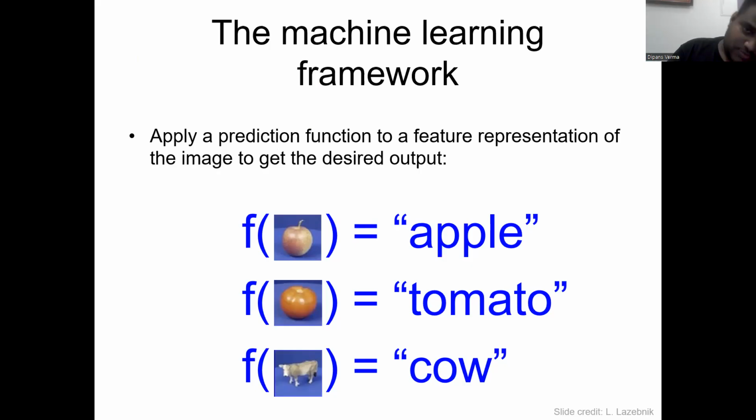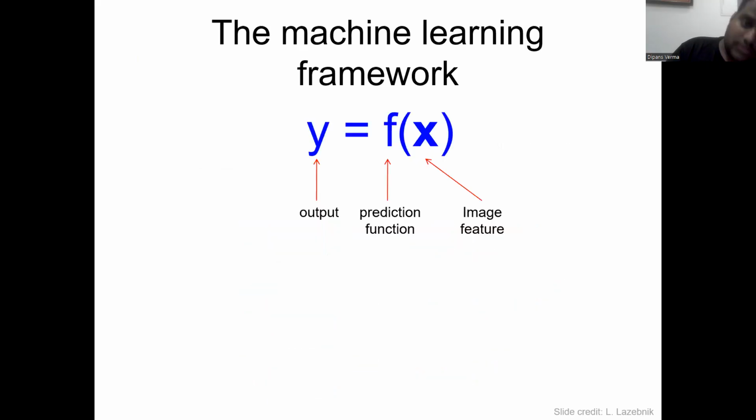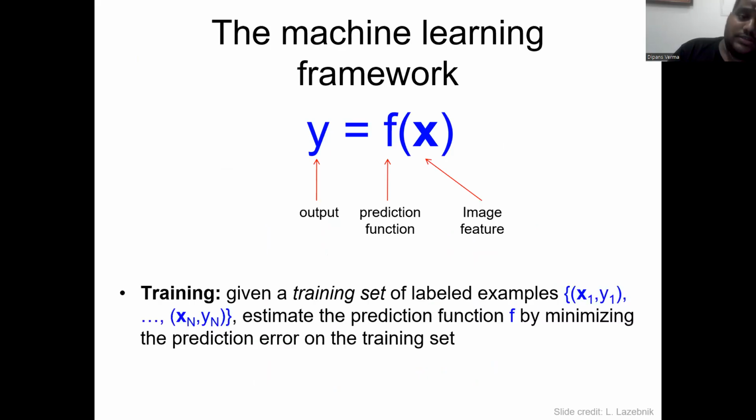Apple equals apple, tomato equals tomato, cow equals cow. Okay. So output is y, prediction function is f, image feature is x.